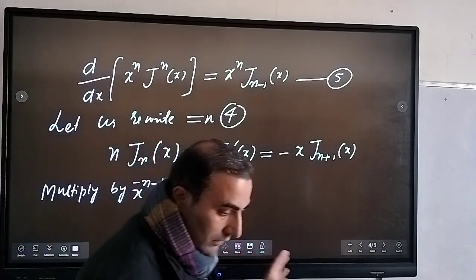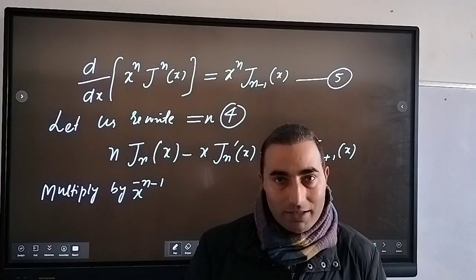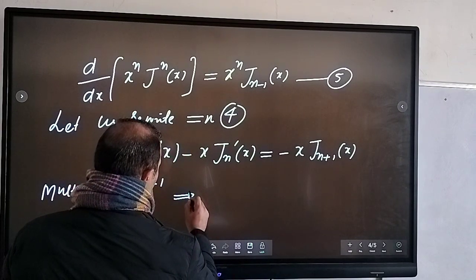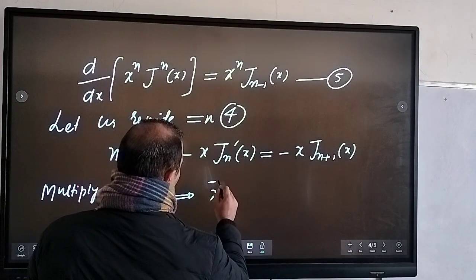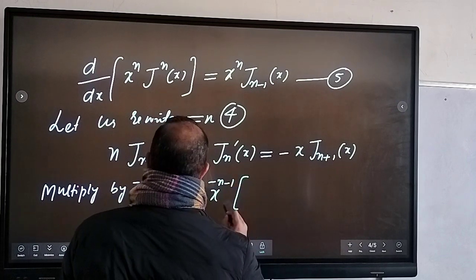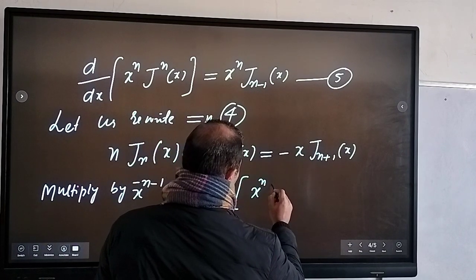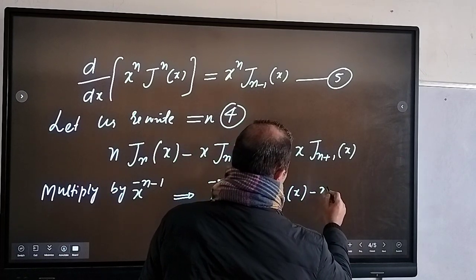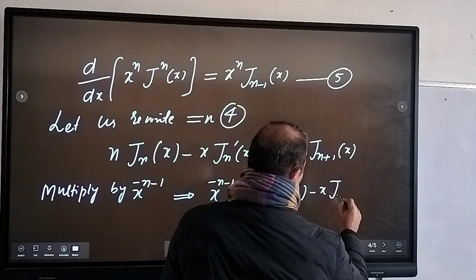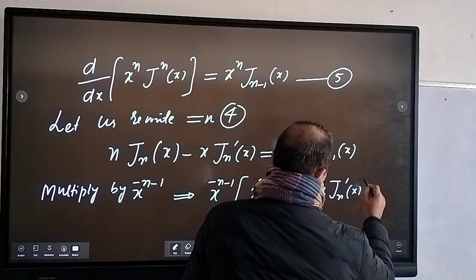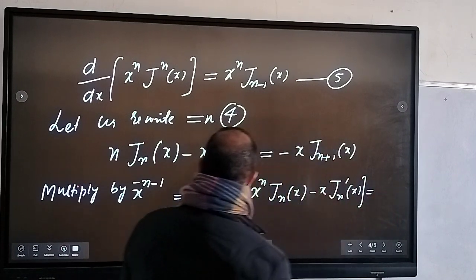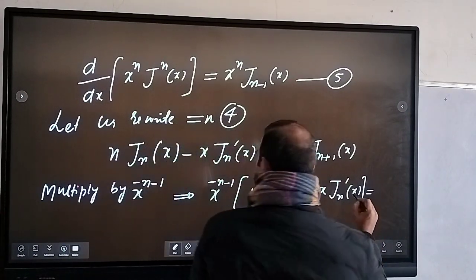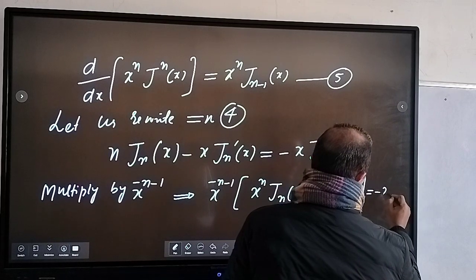So now what will I do? I will multiply this equation by x raised to the power minus n minus 1. This equation, right? So my equation becomes, on the right hand side, because we have this x raised to the power minus n minus 1, this x raised to the power 1, it will be equal to minus x raised to the power minus n.